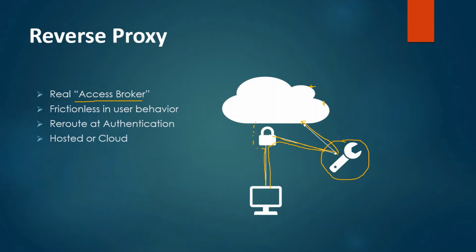But again, from the user's perspective, there's no interaction, there's no interruption of the flow. And the rerouting happens at the authentication place where it's either at your own authentication server or through an identity provider or federated identity providing services.